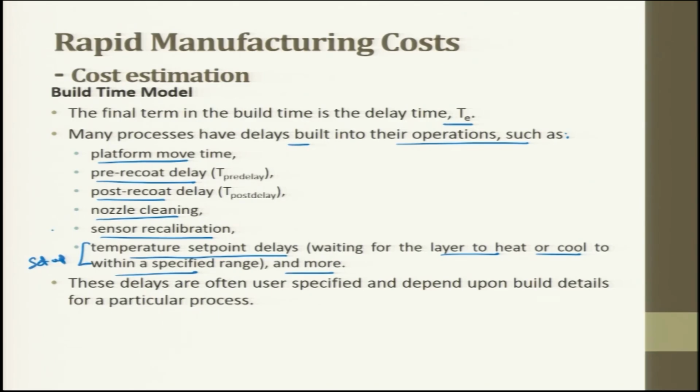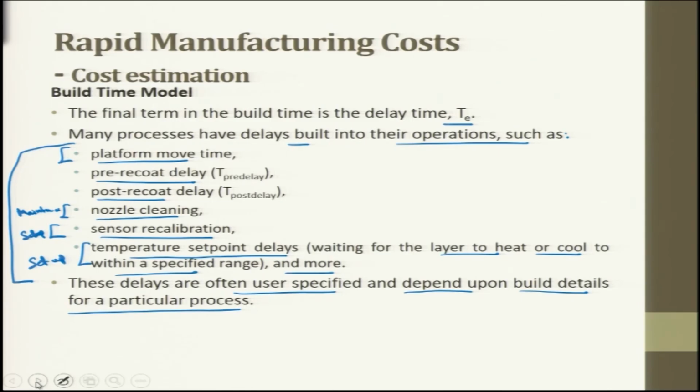This is again setup. This is maintenance. So, this all is non-productive time, but this cannot be ignored and it is there and we need to minimize this. These delays are often user specified and depend upon the build details for a particular process.